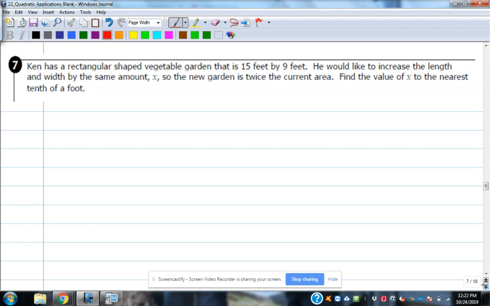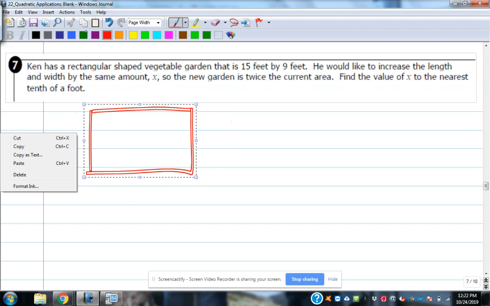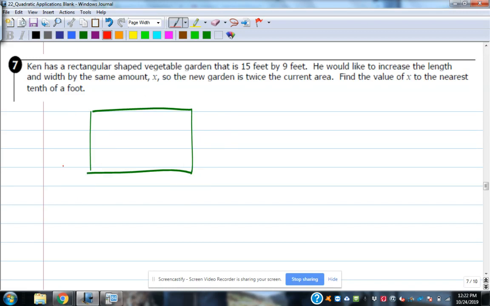Most vegetable gardens are rectangular in shape. So, a rectangular shaped vegetable garden. We have a rectangle. It's a vegetable garden. It has dimensions that are 15 feet by 9 feet. Ken wants to increase the area of his vegetable garden by increasing the length and width by the same amount, x, so that the new garden has twice the current area.